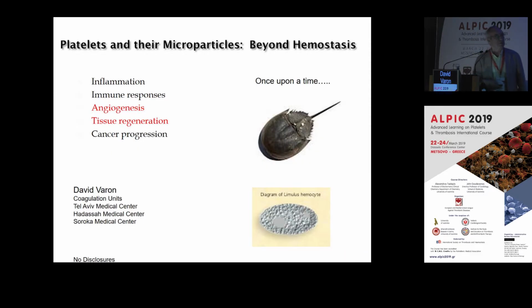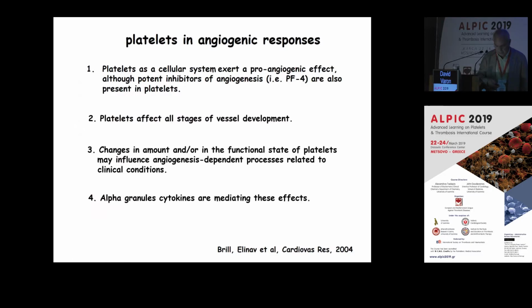So how do we learn about angiogenesis? We showed earlier that platelets as a cellular system exert a pro-angiogenic effect, although potent inhibitors of angiogenesis like platelet factor 4 and thrombospondin are also present in the platelets.